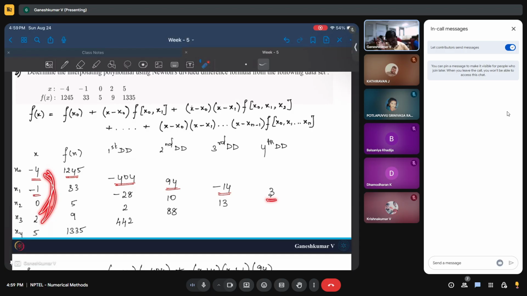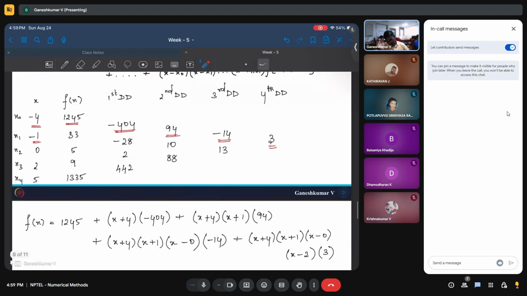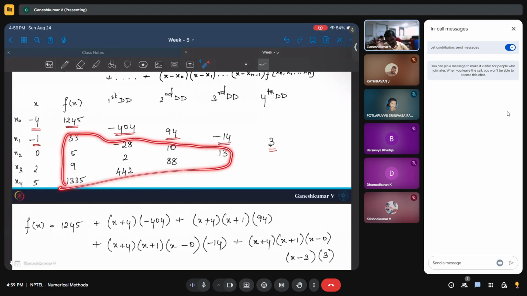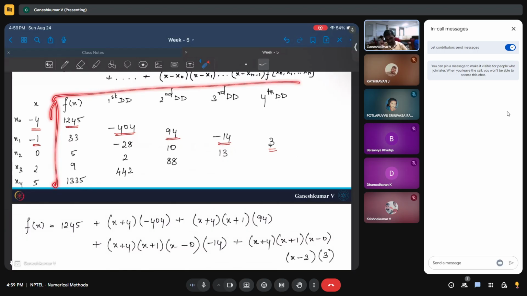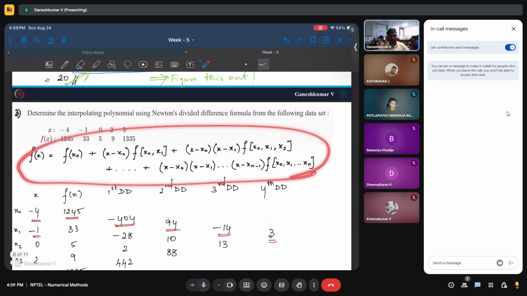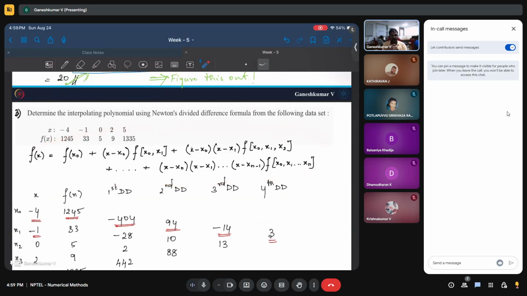And when you are doing this, the entire difference you need to take. Okay, so that is how you construct this entire table. And although we are not using any of these values, you need to construct this, then only you will end up having the fourth difference. So you need to find out this entire table. Once you write this table, you just use the formula that we have here, substitute them, and you will end up having the polynomial.